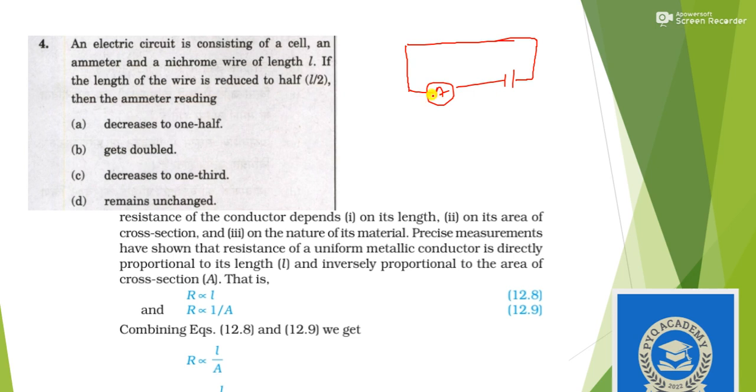So if we are going to decrease this length, suppose this is L and this is L by 2, what will be the effect on the reading of the ammeter?